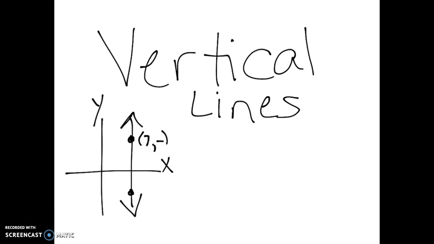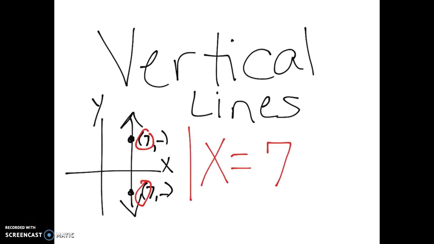So we're going to say on here, our x value is 7, and then on these, the y value will change every time, okay? So we're looking here and we're saying, okay, my x values are the same. That means that these have to be x equals a number. And so I'm looking again at what that number is, and it'll be the same for any 2 points they give you. And that's going to be the equation of my line, okay, x equals 7.